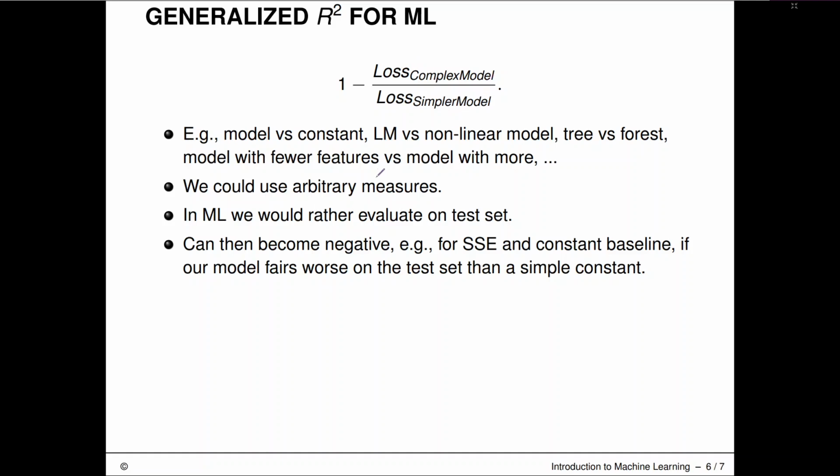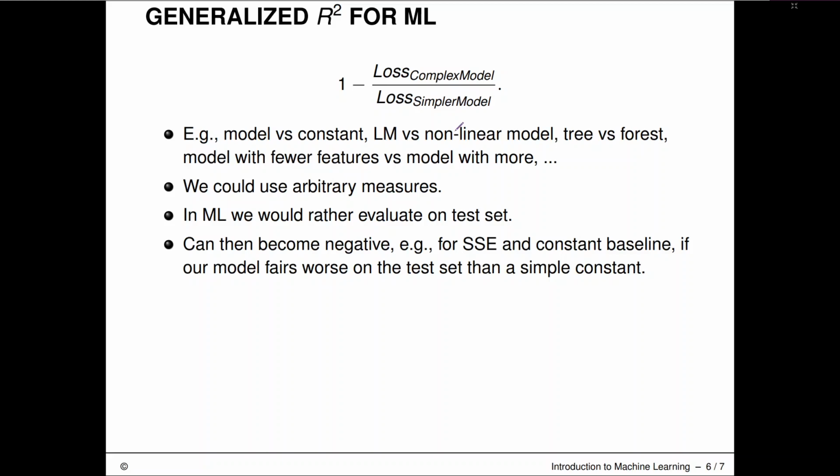So we could, for example, compare an arbitrary machine learning model to a constant on test data with the L2 loss function or with the MSE or SSE, that wouldn't matter in that case. And then have an R-squared on test data for an arbitrary nonlinear regression model.